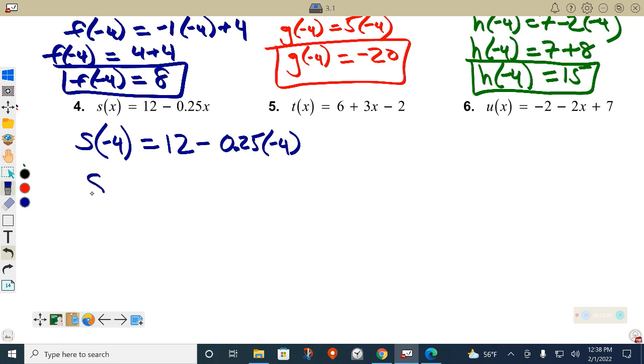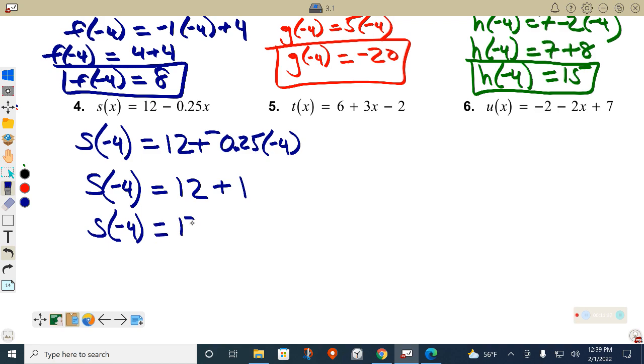My coffee has kicked in. Negative times negative is positive 1. 0.25 times 4 is a positive 1 because this is a plus, this is a negative 0.25. Careful there. I got a negative times negative, that becomes positive 1. So the function s at negative 4, ladies and gentlemen, is going to be 13.